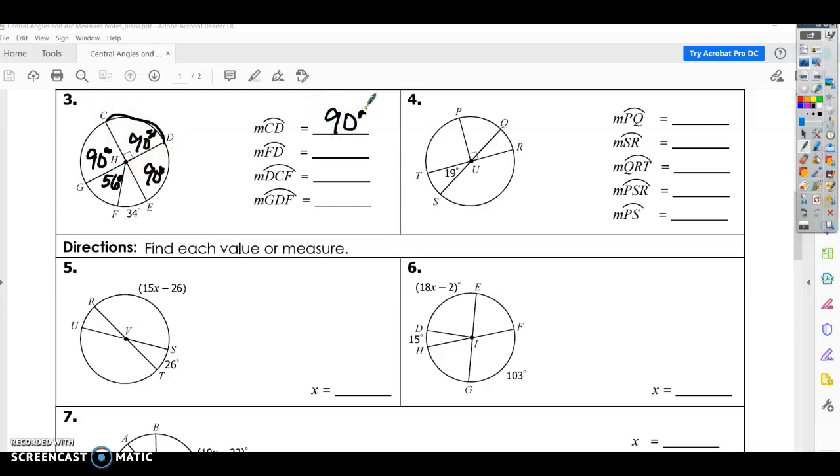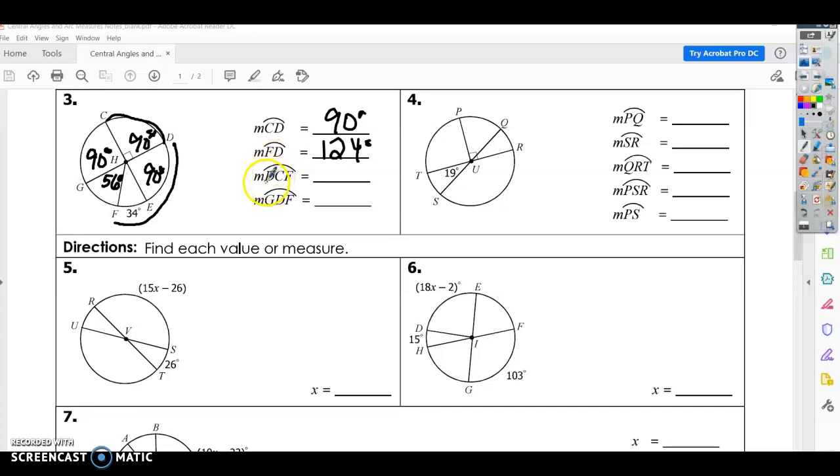All right, then we're looking for FD. So F to D. Okay, when it's only 2 letters, it's your minor arc, so it goes the shortest distance, which would be the 90 plus 34. So that would be 124 degrees. All right, when you see 3 letters, you know it's going to be a major arc or greater than 180.